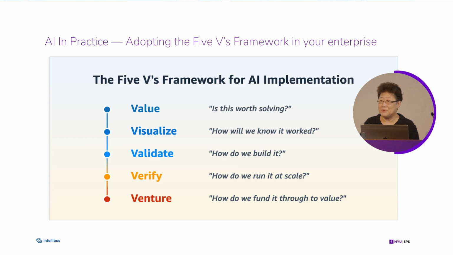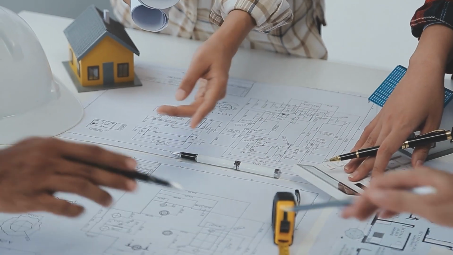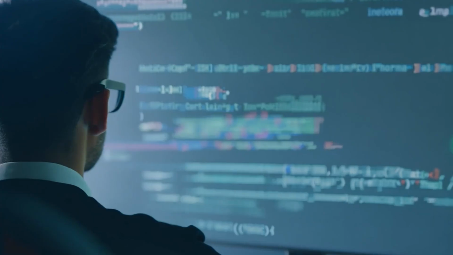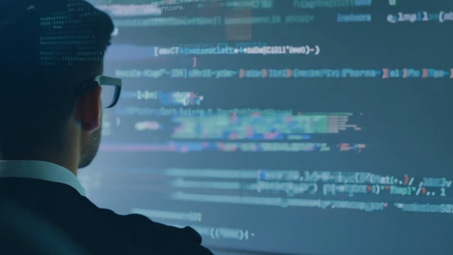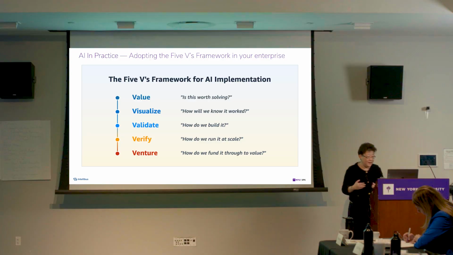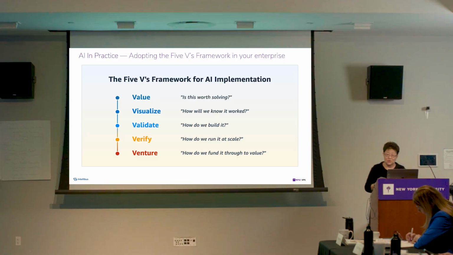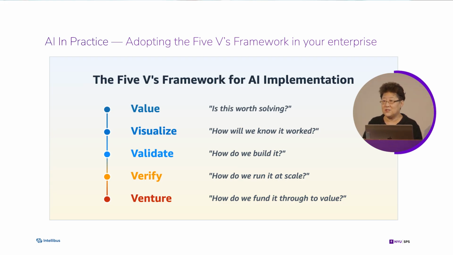The next step is we should think about how can we run it at scale, right? That really is going to continue turning a pilot into really a production use case, a system that potentially can sustain that success, right? And then the last stage I would think is venture. It's now the system is in production, then how can we maintain from the data, from process, from people, right?